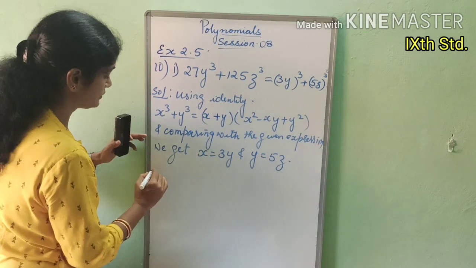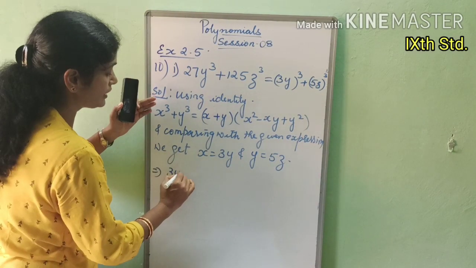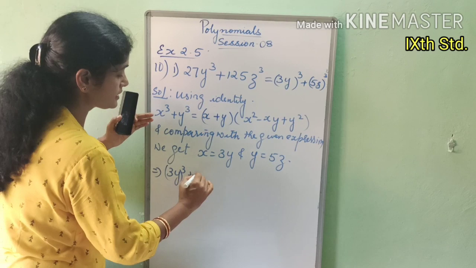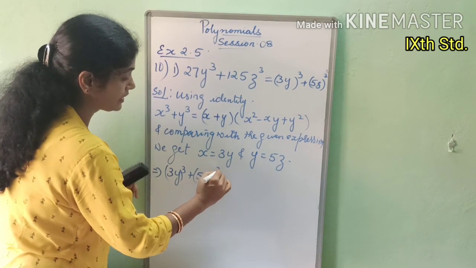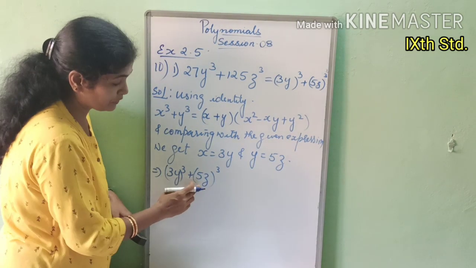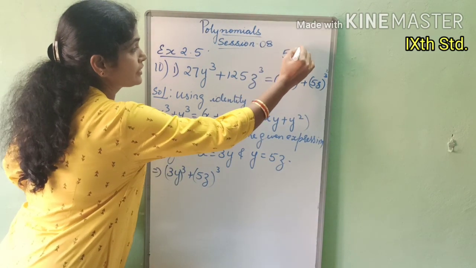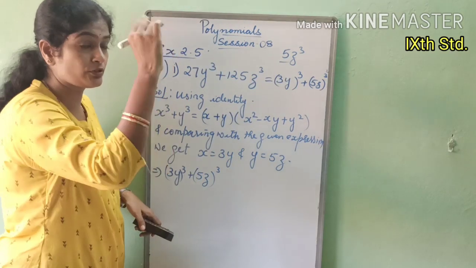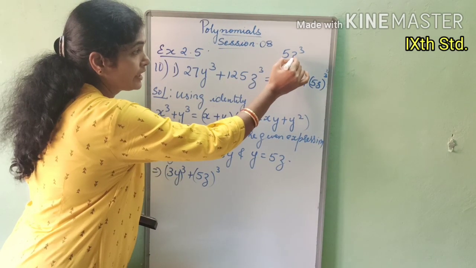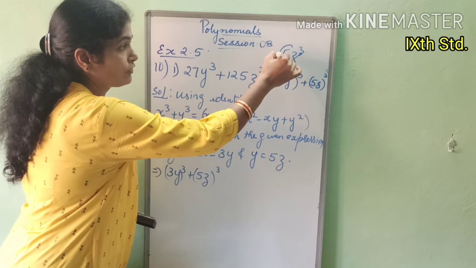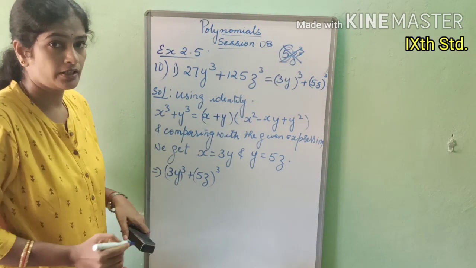Now this implies 3y whole cube plus 5z whole cube. See, for 5z whole cube I am putting the bracket. Suppose I write it as 5z cube, is it equal to 5z whole cube? No, it shows the cube only for z, not for 5, so that writing is wrong.